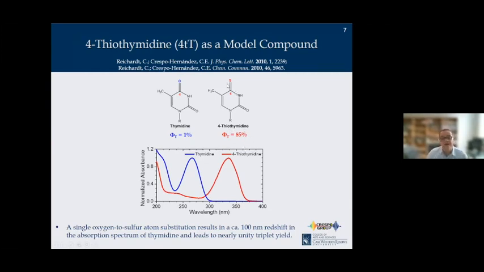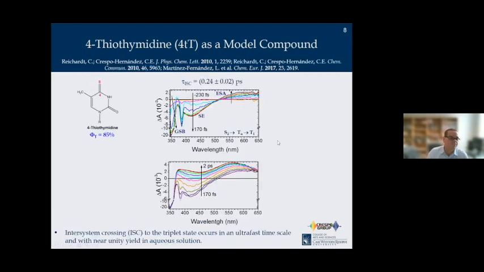So this is a very highly efficient formation of the triplet state. We can also selectively excite it if we incorporate it in DNA because the absorption spectrum is shifted. So we thought about the possibility of using this molecule as a potential model to study that reaction.